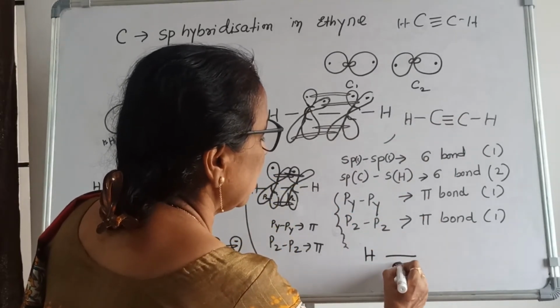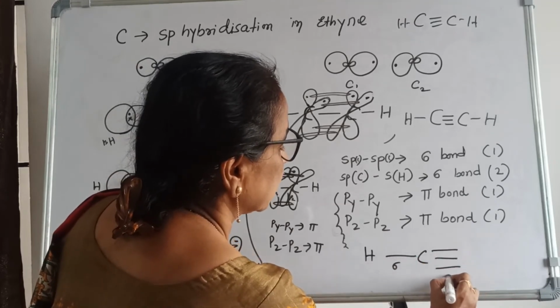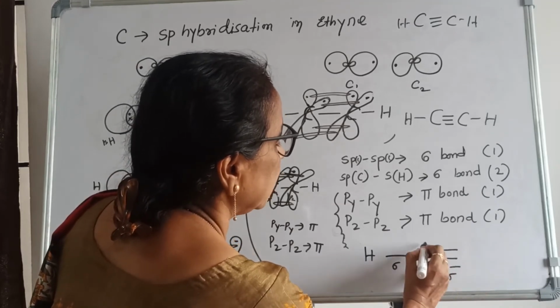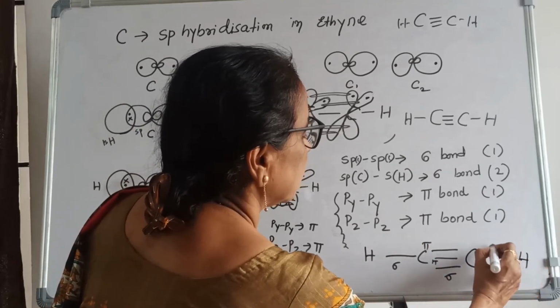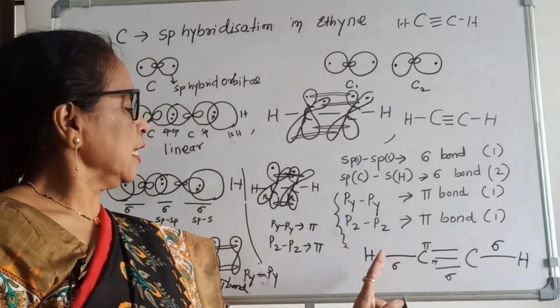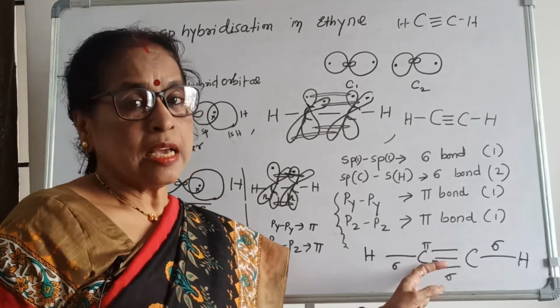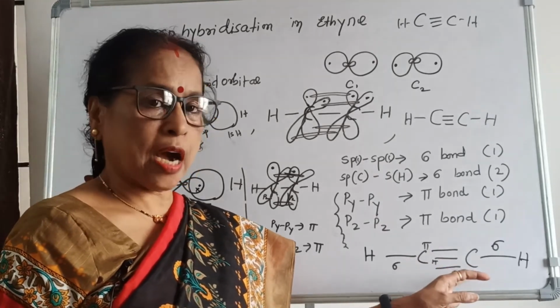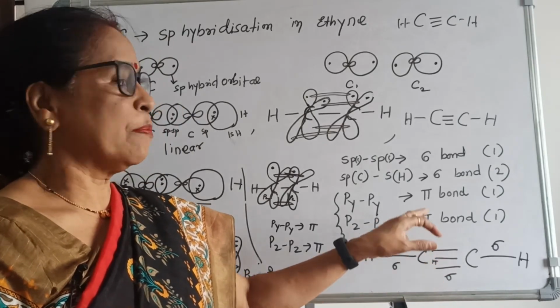This is sigma, this is sigma, this is pi, this is pi, and this is sigma. You know this sigma is sp-s, this sigma is sp-s, this sigma is sp of carbon with sp of carbon, and this one is lateral overlapping of py and pz.